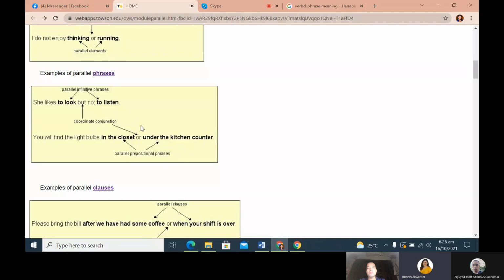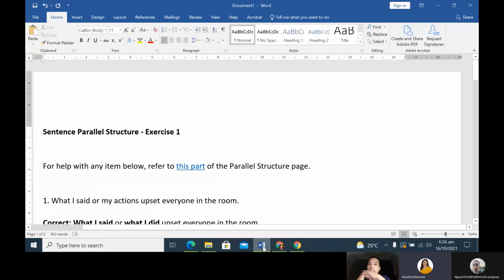If you are using a prepositional phrase, then you continue using another parallel phrase. We cannot say, for example, "You will find the light bulbs in the closet or you have to look under the kitchen counter." No, this is wrong.